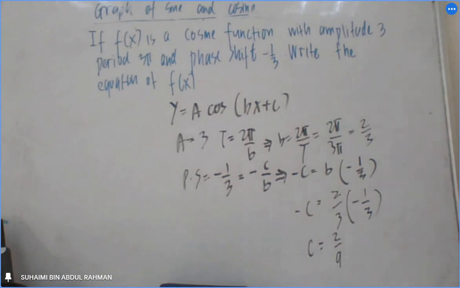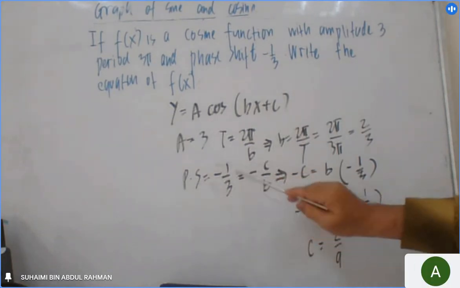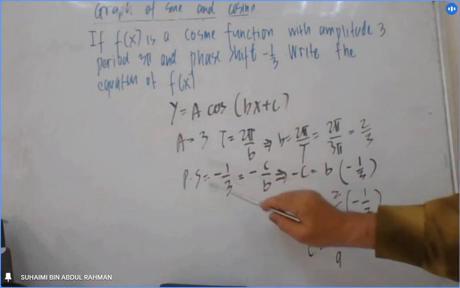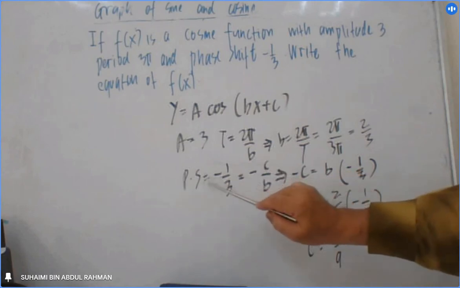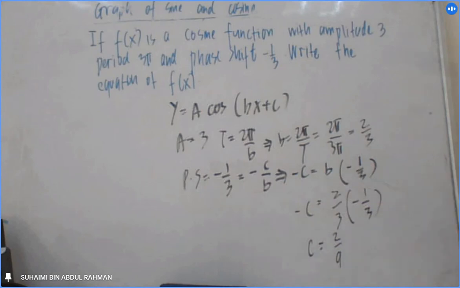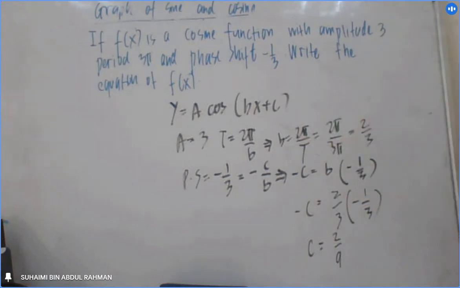Clear? You understand? Remember that the formula of phase shift is minus c over b. Given that phase shift is minus 1 over 3, if we rearrange, minus c equal to b multiplied by minus 1 over 3 using cross multiplication. We substitute b with 2 over 3, which we obtained before, and you get minus 2 over 9. But remember, that is minus c, so c only is 2 over 9.